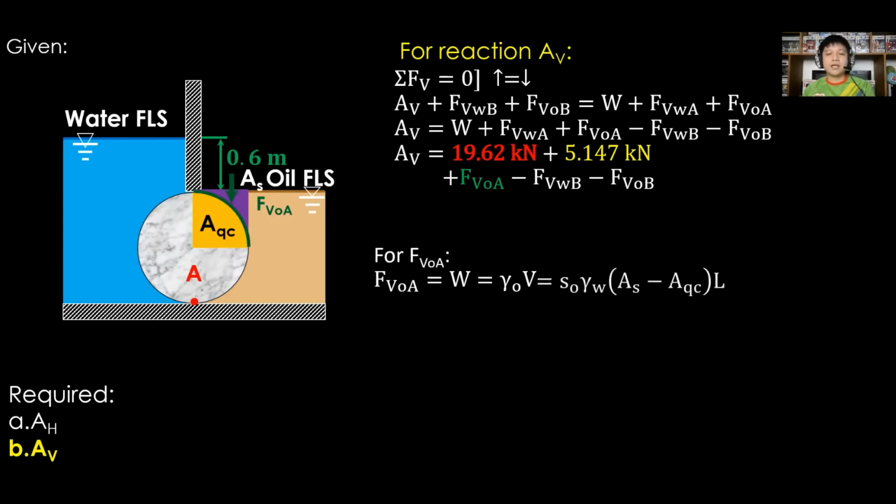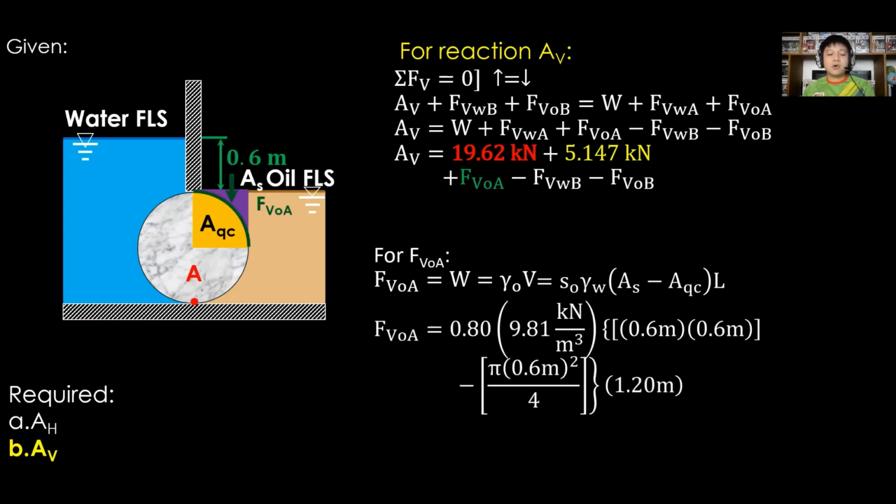Thus, F sub VOA is equal to the specific gravity of oil times the unit weight of water, then multiply by the quantity, the area of the square, then subtract the area of the quarter circle, and multiply by the length of the cylinder.